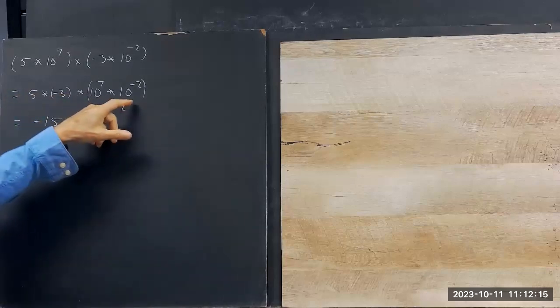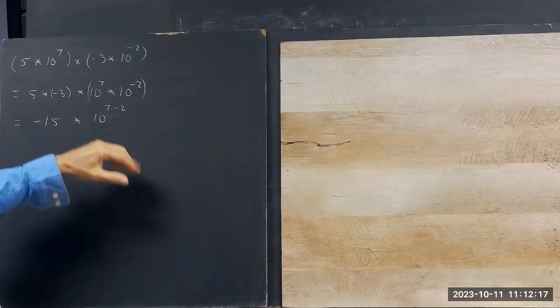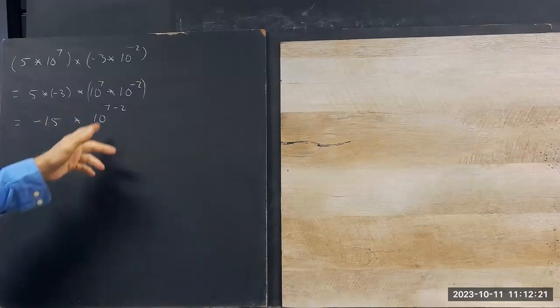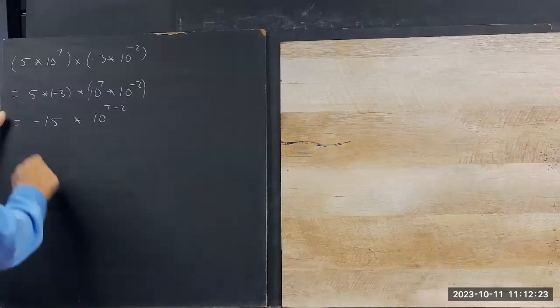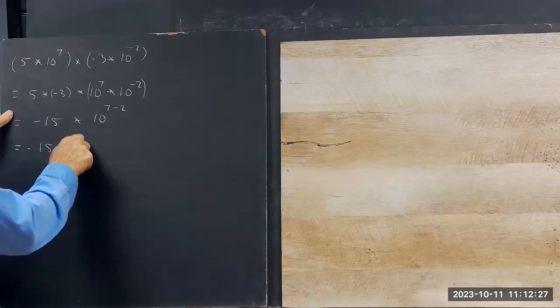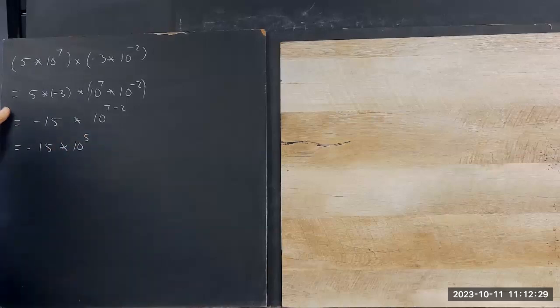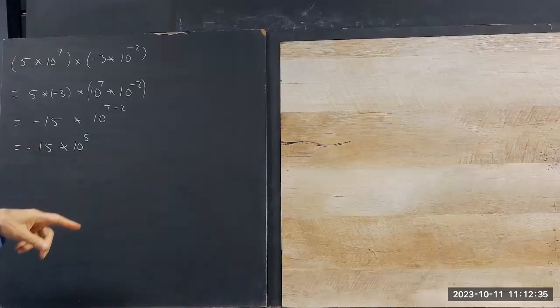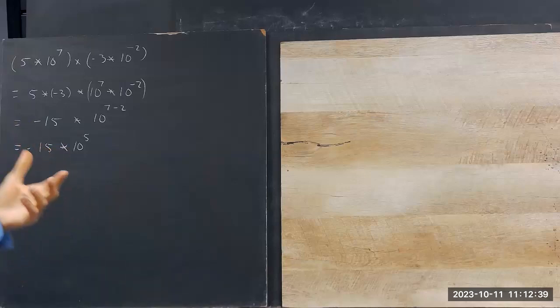Now 10 to the 7th times 10 to the -2nd is 10 to the 7 minus 2. Okay, so we're just using the laws of exponents. And we get -15 times 10 to the 5th. But this isn't scientific notation. 15 is not between 1 and 10.